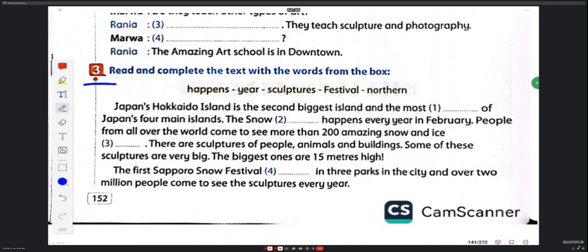The most famous festival. The biggest island and the most... of the main ideas. The most... Sculptures.